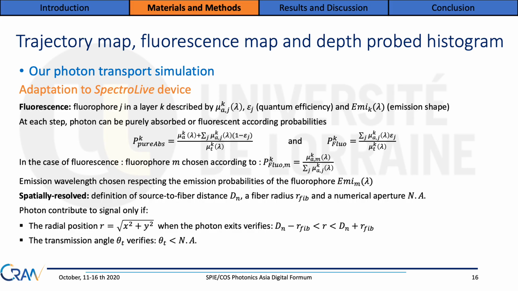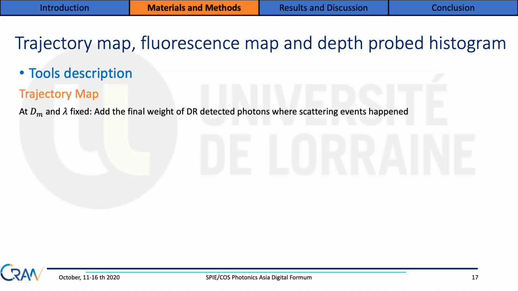Concerning the spatial resolution, photons contribute to the spectrum signal associated to a given distance if they satisfy the collection geometry. From the code described so far, tools to characterize the depth behavior of the detected photon have been created.